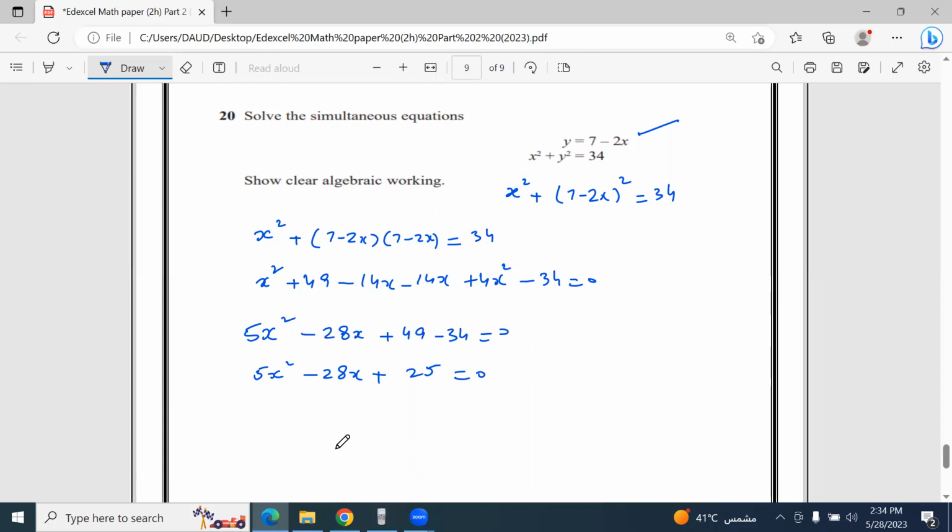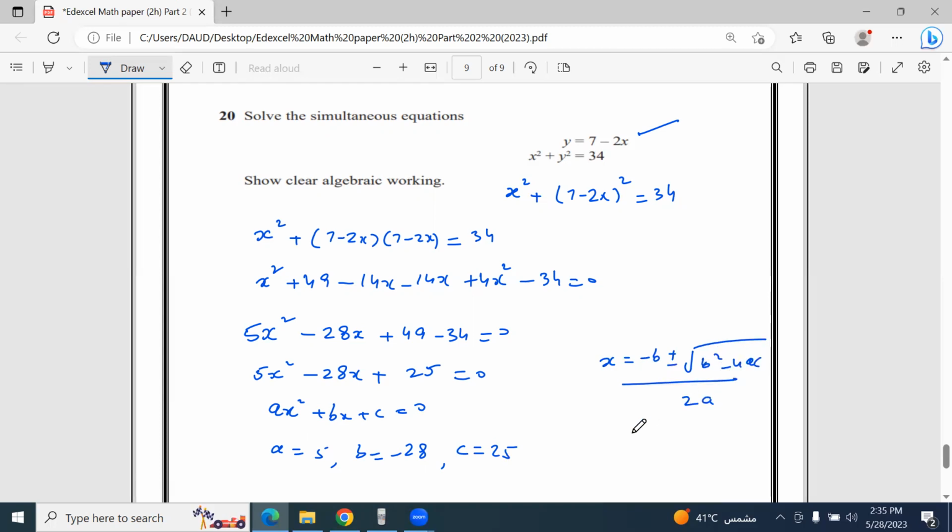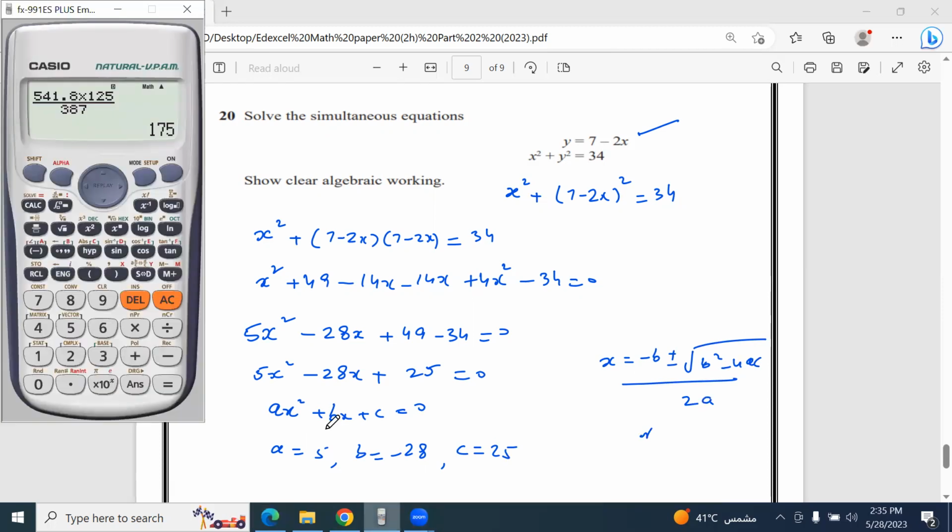This is a quadratic equation. Compare with the general quadratic equation, ax square plus bx plus c is equal to 0. Here the value of a is 5, b is minus 28, and c is 25. Either you can use the quadratic formula, minus b plus minus square root of b square minus 4ac over 2a, or you can check directly in the calculator.